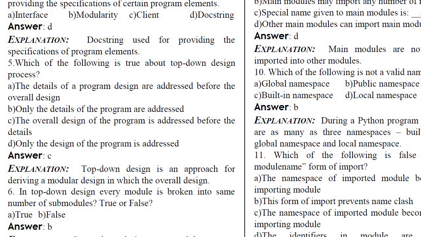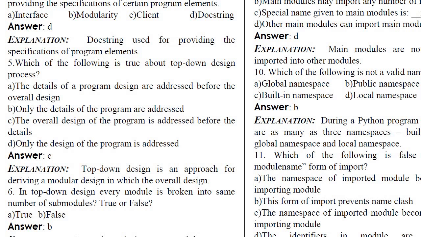Next, in top down design, every module is broken into the same number of sub modules. No, it's not necessary that every module is broken down into the same number. It can be different. Some modules can be different; how many depends on you, how many sub modules you divide it into.